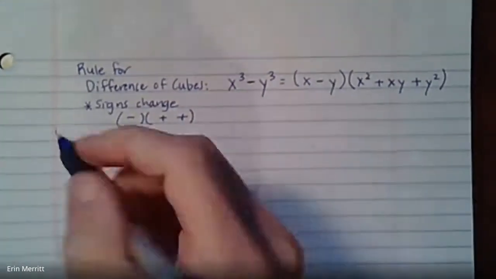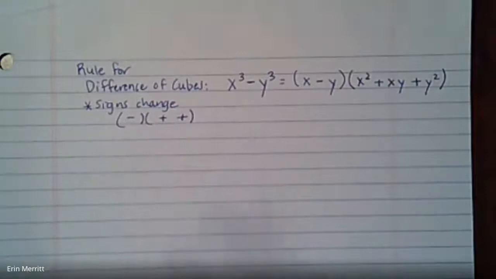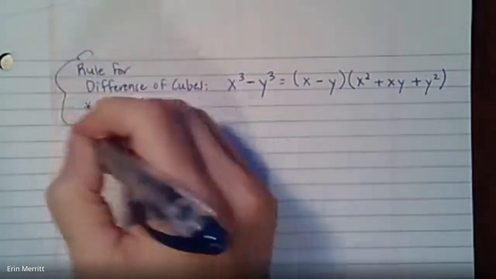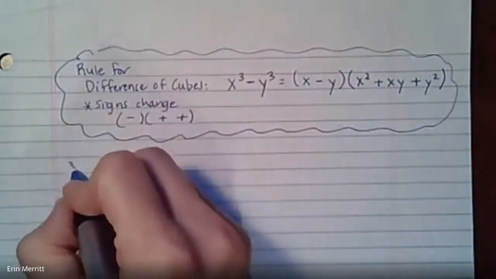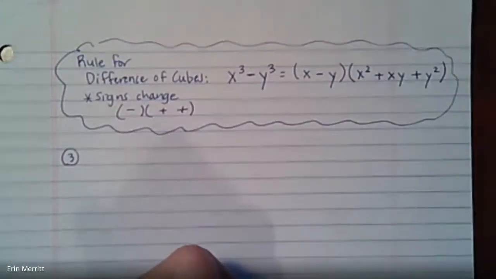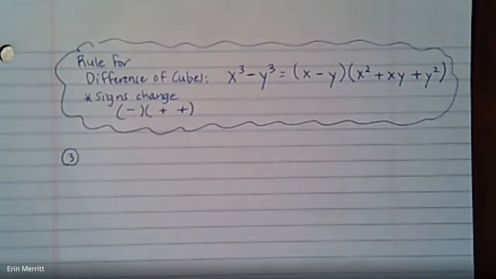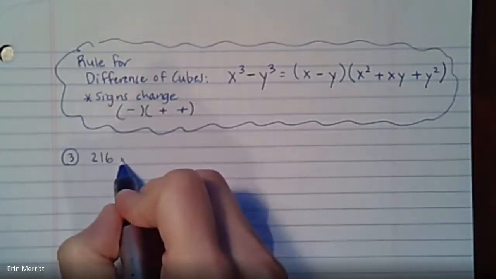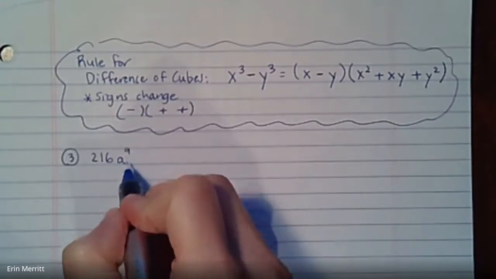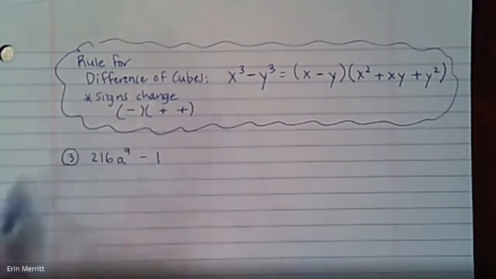All right, so let's do one last practice one with this guy. For example 3, last one. If I throw at you 216a to the ninth minus 1.